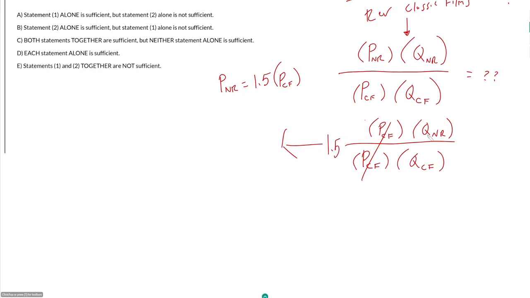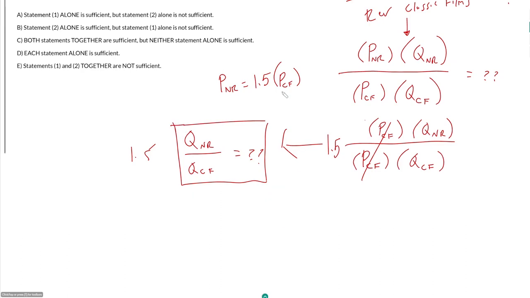I'm looking for 1.5 times QNR over QCF. Well, in data sufficiency, I just need QNR over QCF. This is the same as if they were asking for 1.5x. Well, that just means you need x. In this case, x happens to be equal to the quantity of my new release tickets over the quantity of my classic film tickets. And this is my final rephrase, so I can get it all the way down to this.